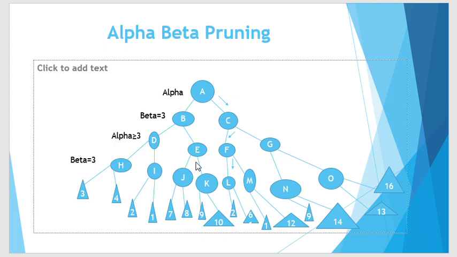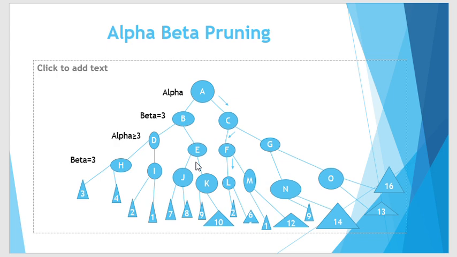The max value is the value which you have given to alpha; it will be equal or greater than it. So can this value be greater than or equal to 3? Can we get any other path which can be more beneficial to max, because we have already got a path for 3? Can we get a more beneficial path?